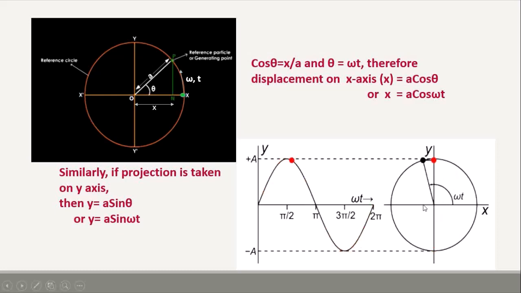Simultaneously, as this particle is moving along the circular path, you can easily plot the displacement versus time graph. So you can visualize very easily how simple harmonic motion can be a function of sine or cosine. Here I am taking the displacement along the y-axis.